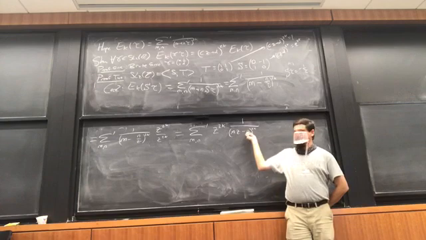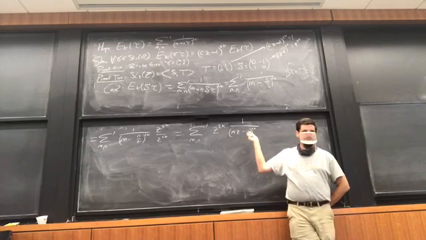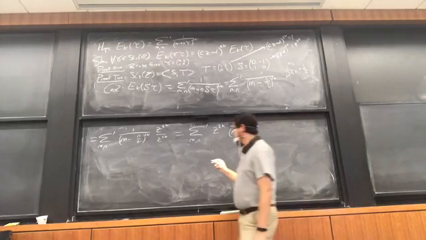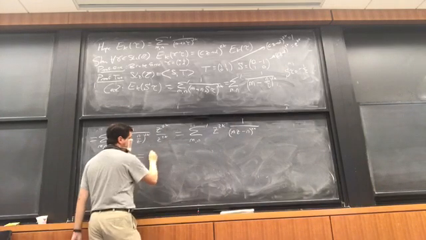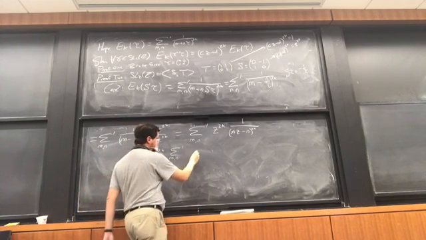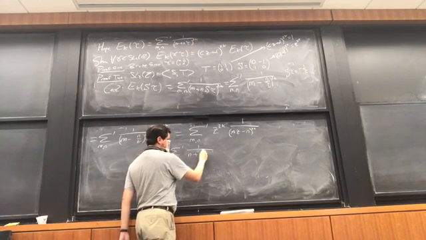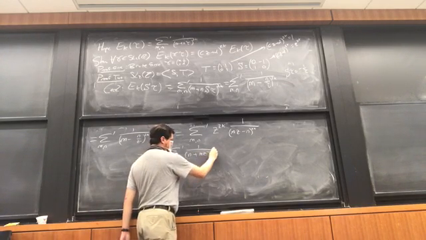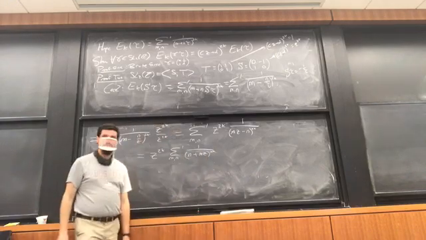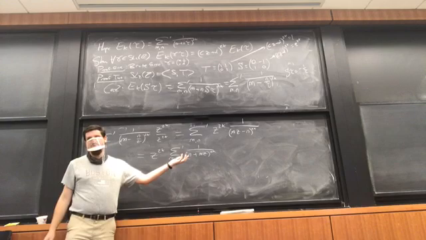Well, as n ranges through everything, can I replace n with negative n? Yes. So this is the same as z to the 2k sum mn prime 1 over n plus mz to the 2k. Well, now I'm just switching the roles of m and n. It's still the same function.